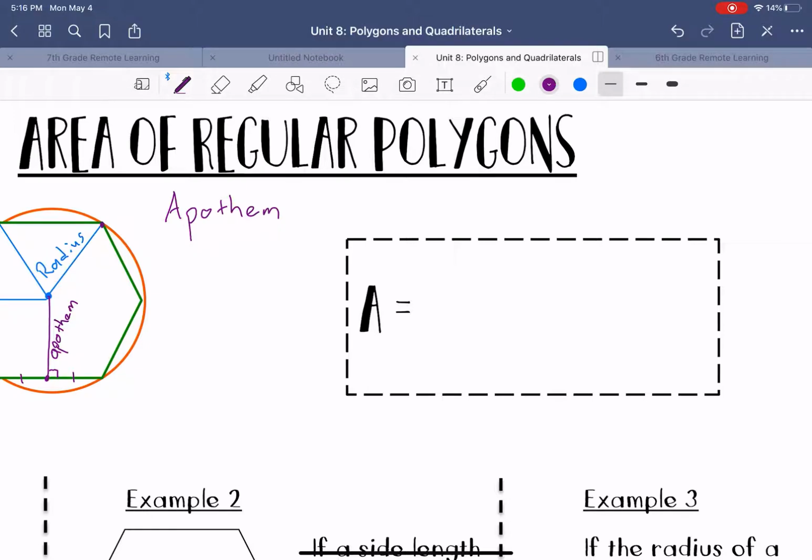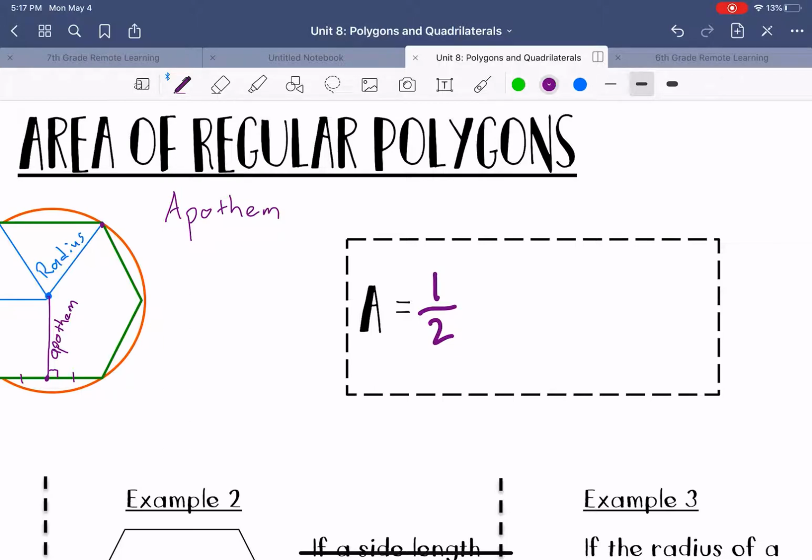The way the area formula works is we are going to first take 1/2. A lot of our area formulas have 1/2. Rhombi and kites have 1/2. Trapezoids have 1/2. Triangles have 1/2. So do regular polygons.